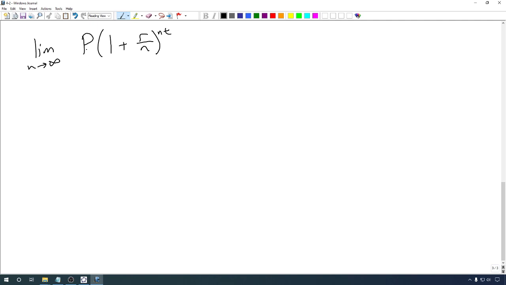Well, the first thing, we're treating the principal as a constant. So we can pull that out of the limit. The limit doesn't really care about that part. Second thing, I'm going to change this nt that's in the exponent here.